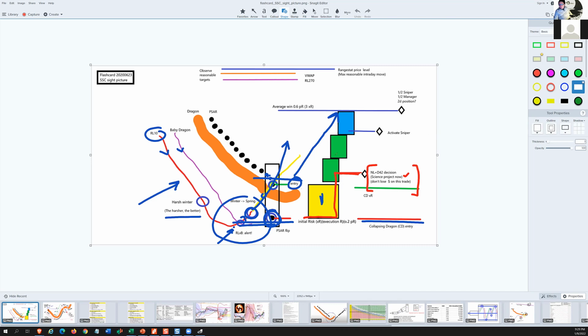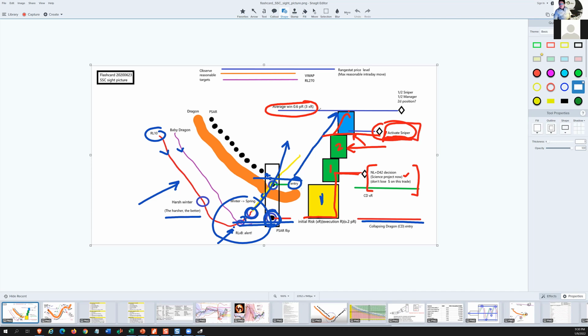Somewhere after you get about 2 execution Rs in hand, and it's still working, and especially if in your trading 3 execution Rs is sort of an average win, or you can see some resistance overhead, somewhere after 2, you want to activate your sniper, so that if this comes up and then starts to roll over, you can activate the sniper and get the most of that.